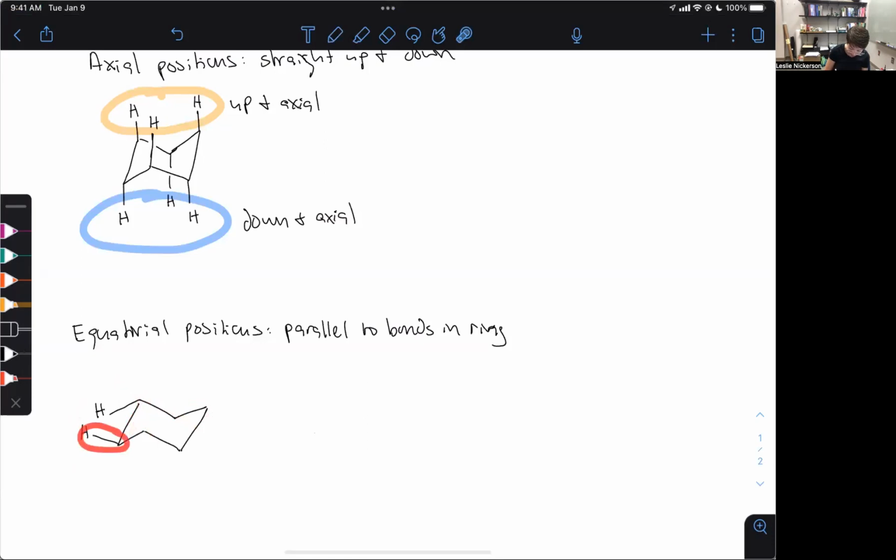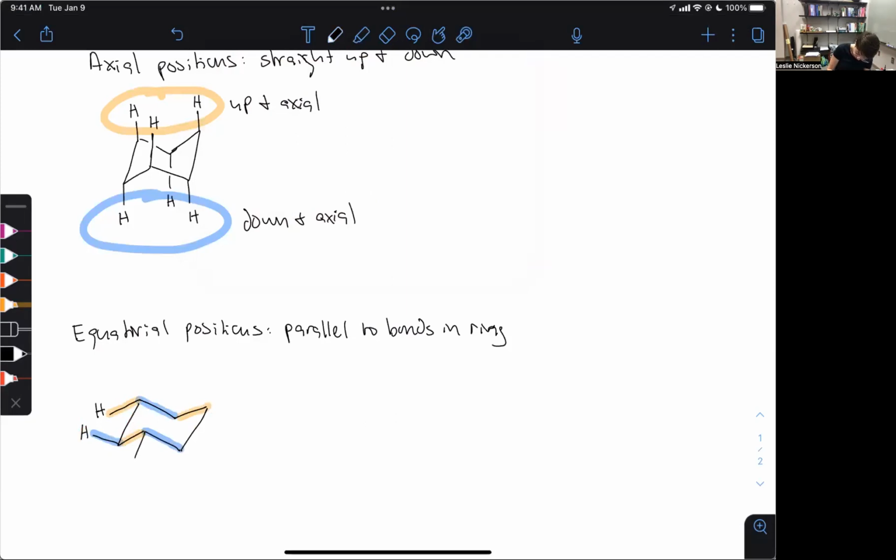This H is going to be here and here, this H here and here. Let's do a little bit of highlighting as we go. So we got parallel there, parallel there.